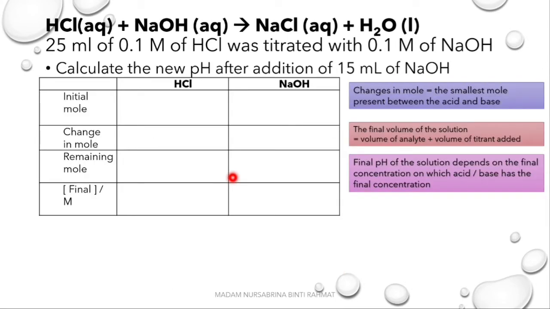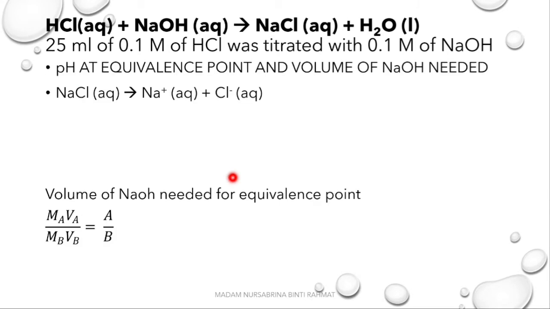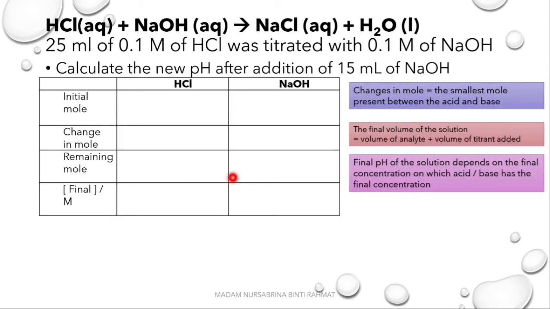Next, when we add 15 milliliters of NaOH, you need to find the changes in the number of moles. The initial mole of HCl is molarity times the volume in liters, which gives 2.5 times 10 to the power of negative 3 mole.